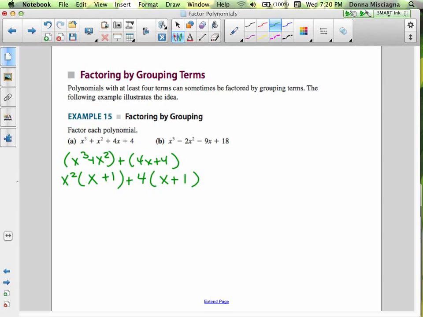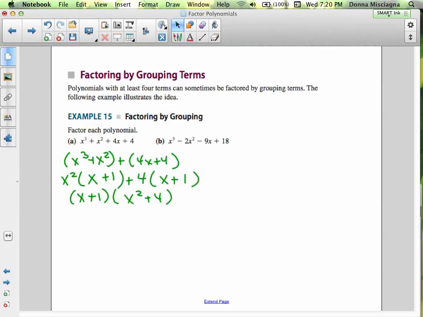And we can factor out that repeating x plus 1, and we're left with x squared plus 4. Now that doesn't technically factor anymore, because it is not a difference of squares, it's a sum of squares. So we're done with that one. Let's do the next one.